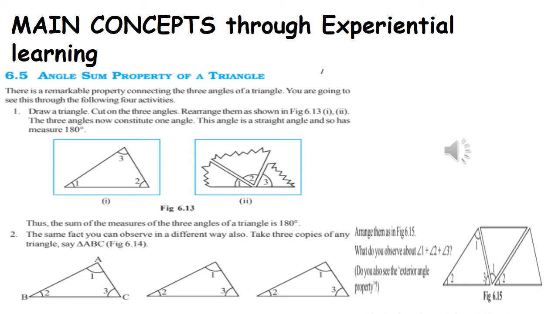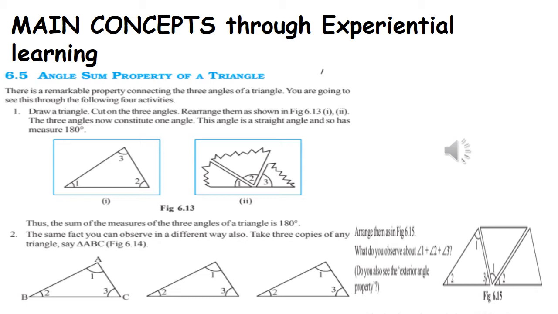One more way we can prove that, we are drawing three triangles and cutting three triangles of equal dimension. Now we are arranging the three triangles in the given manner as shown in the second figure.